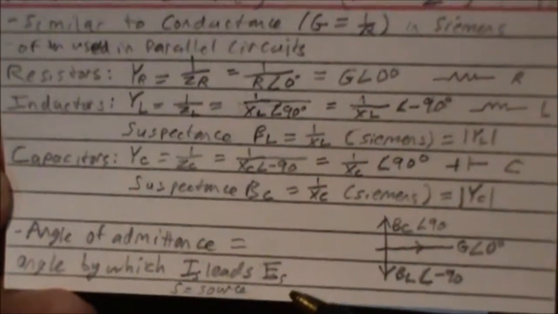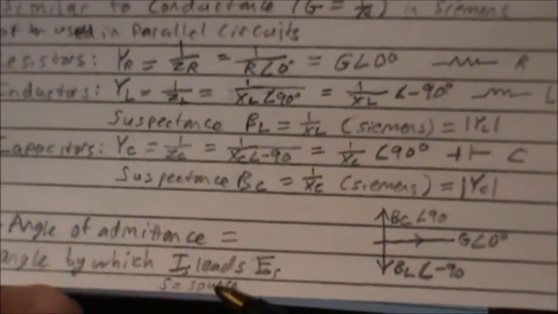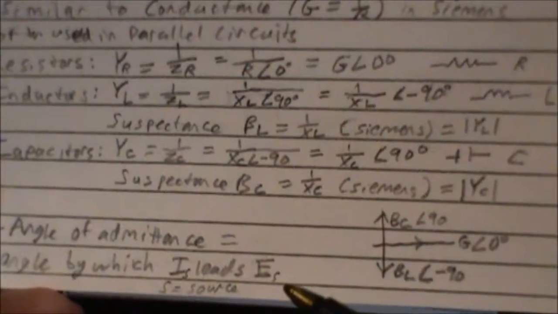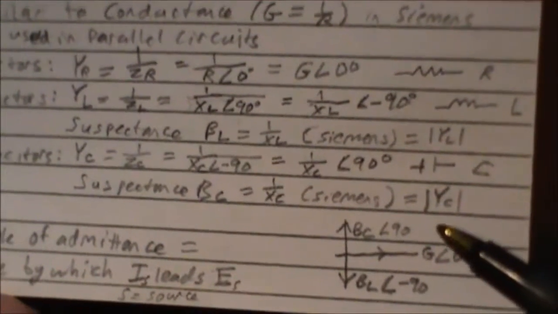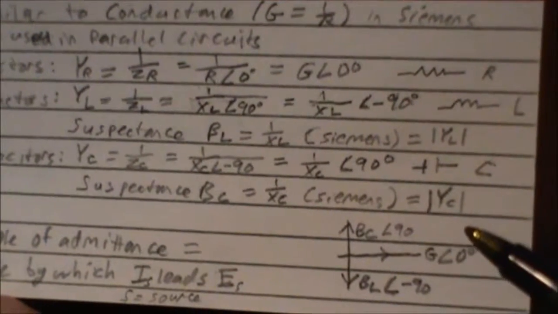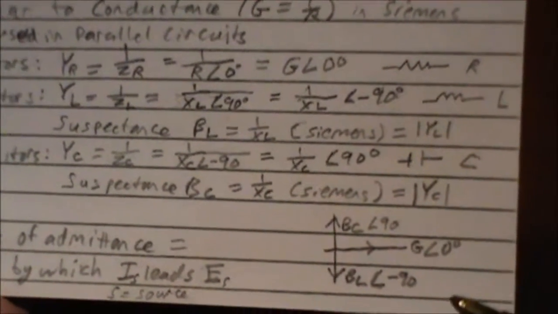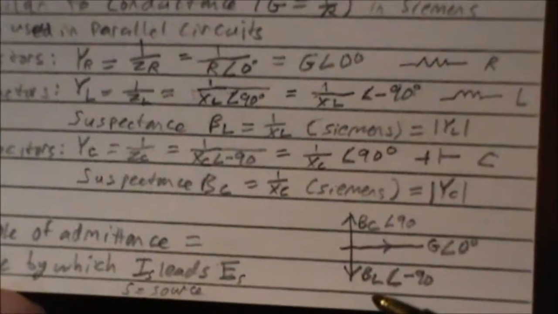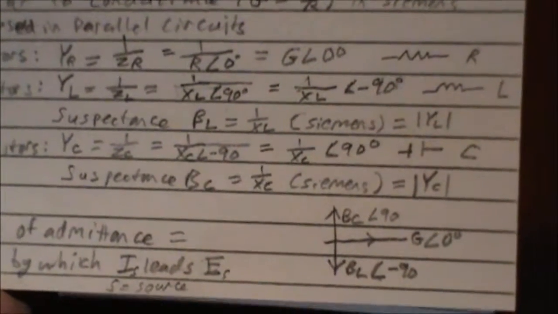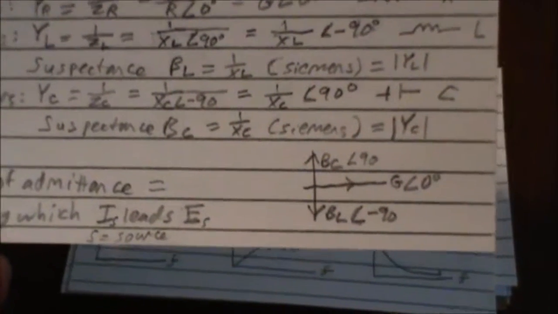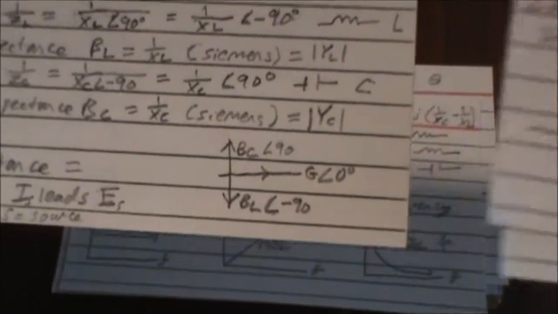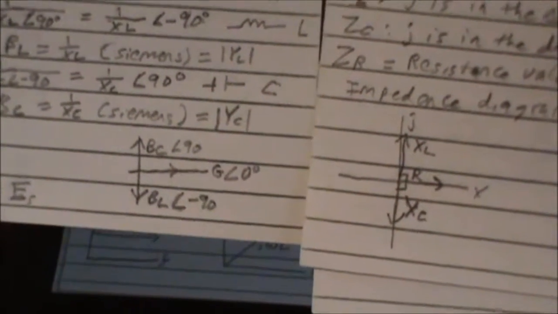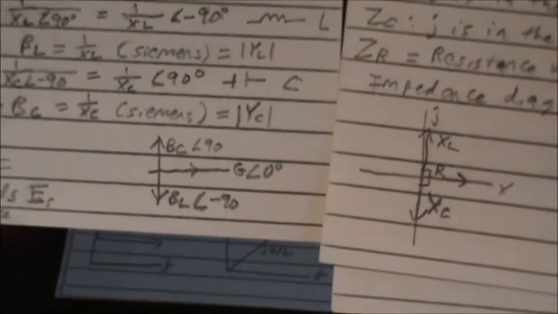The angle of admittance is the angle by which the current from the source leads the voltage of the source. Here we have the susceptance diagram of a capacitor, 90 degrees positive, and for an inductor it's 90 degrees negative. Remember, that is just the opposite of our impedance diagram, and these are side by side. So there you go.